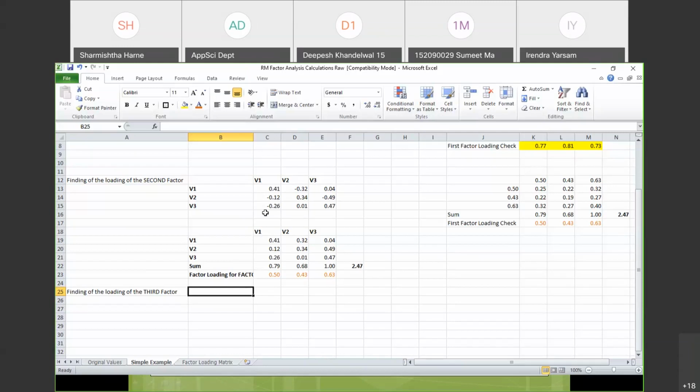That is, take this only and subtract the new values from this matrix.